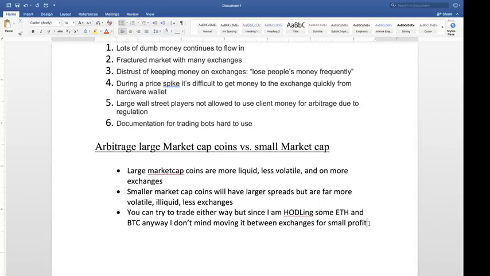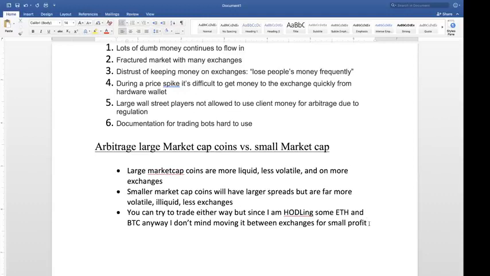So a lot of people have asked me if I would build the file or change the file to trade some altcoins because the spreads are a lot wider. And I would say yes, this is 100% true, but it's also a lot more risky. Remember, the higher percentage chance you have to gain on an arbitrage trade, the more risky it is. And this is because the large market cap coins are a lot more liquid, which means they're less volatile and they're on more exchanges.